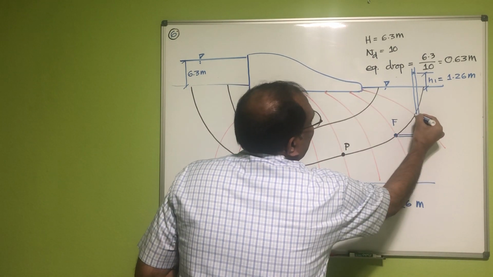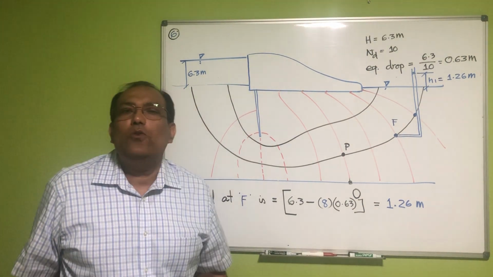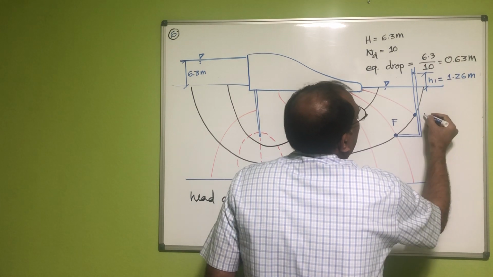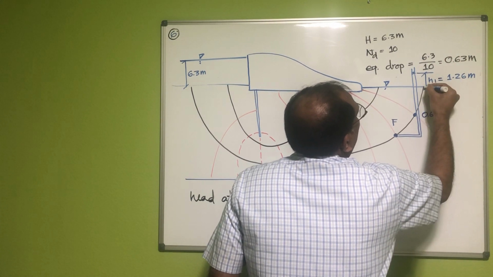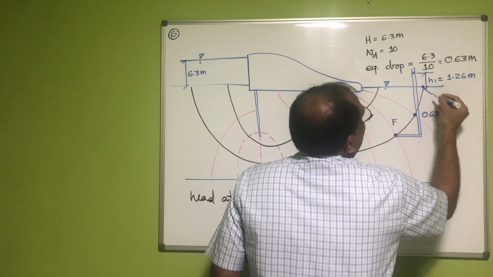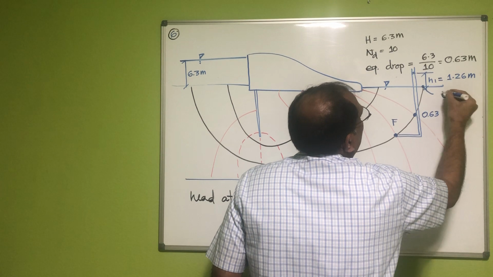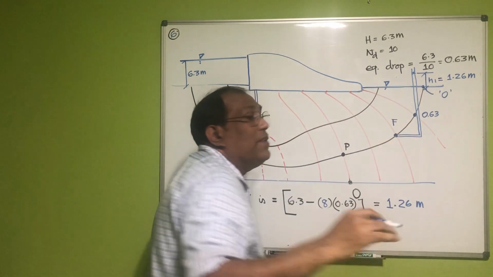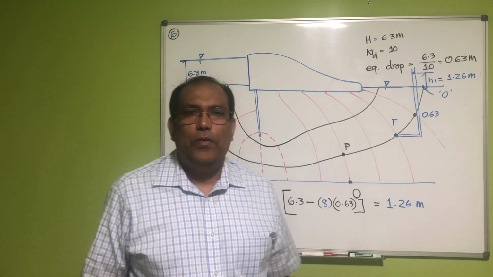What about here? That would be 1.26 minus 0.63. So that's actually 0.63. And what about the head here? That would be 0.63 minus 0.63, that would be 0 here. So if you see the water line is here on the surface of the water, your head is always 0, right?